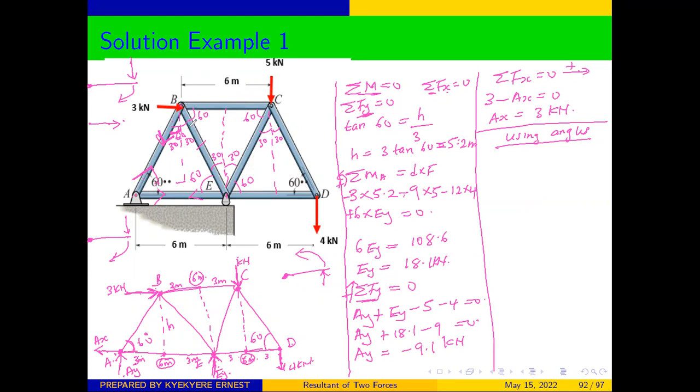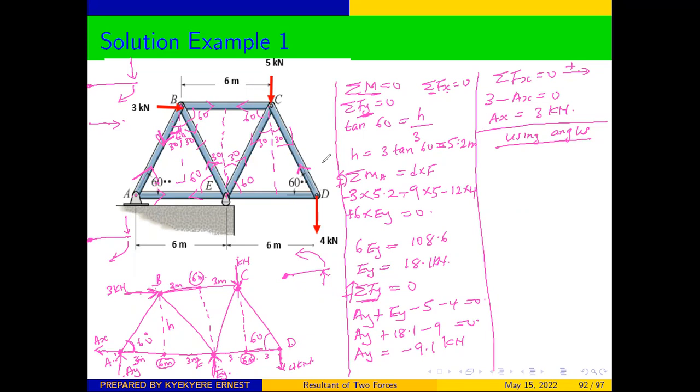If this is moving that direction, then the one on this joint will be in the opposite direction. We can indicate for all the other members the opposite direction, according to Newton's third law.